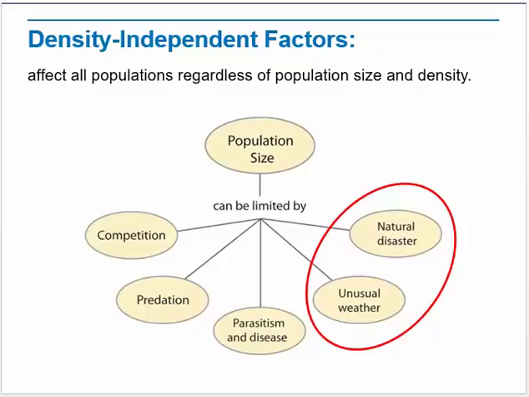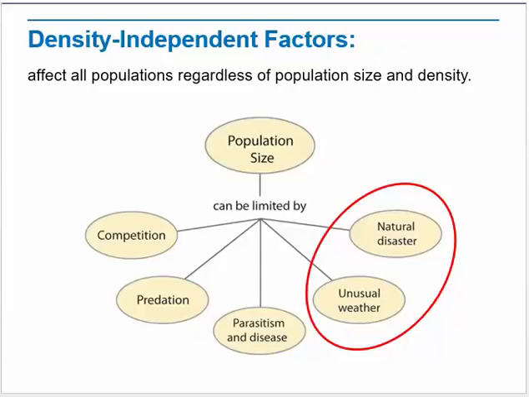In response to these types of factors, a population might crash down because a lot of individuals will be killed. The population could possibly build up quickly again if they're able to find resources right away, or it might take a long time for them to rebuild if they're not able to find resources again.